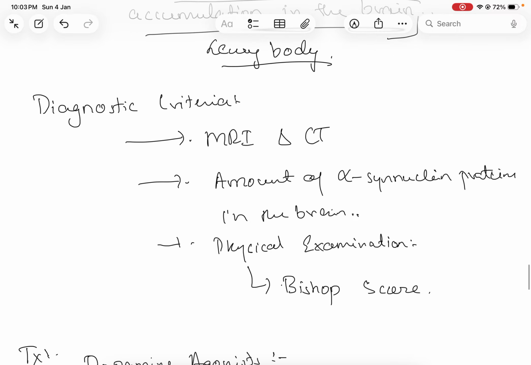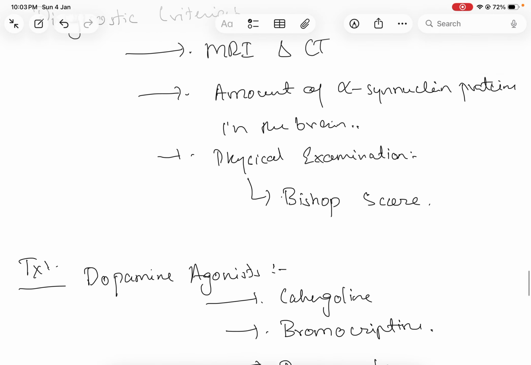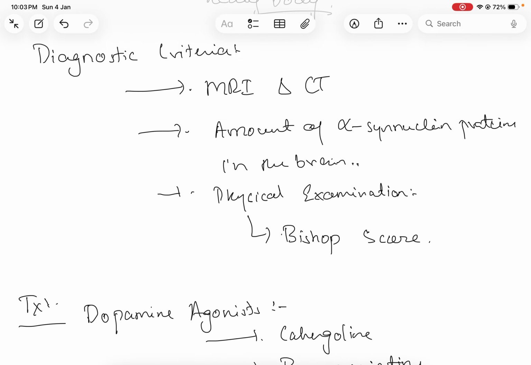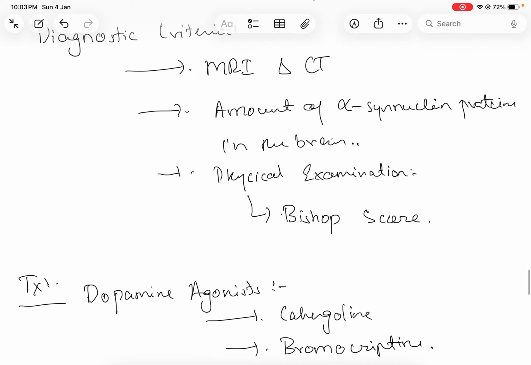And the third one is physical examination, what we call the Bishop score. The Bishop score is used to evaluate the patient's day-to-day daily activities in terms of their movements, and the amount of reflexes demonstrated by the patients.